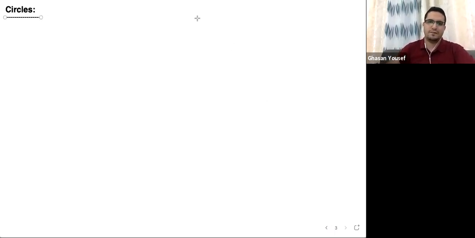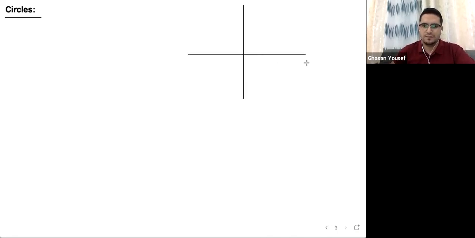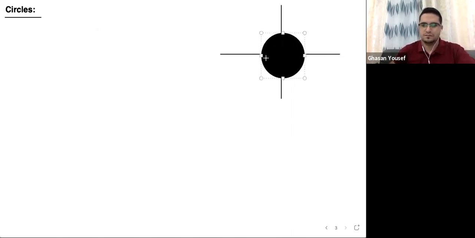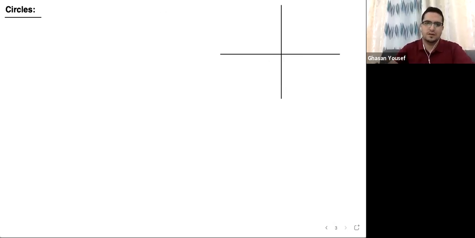Suppose I have a circle that looks like this in the Cartesian plane. This is my Cartesian plane. So my circle looks like this. I need the circle around here.